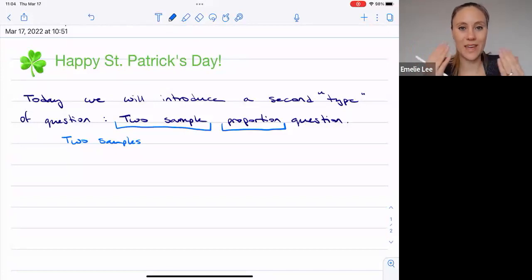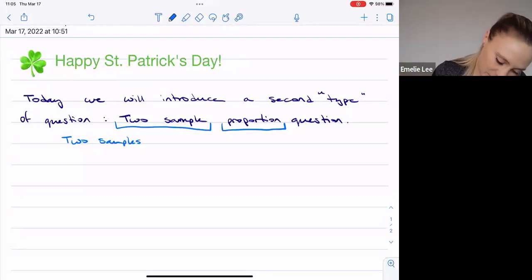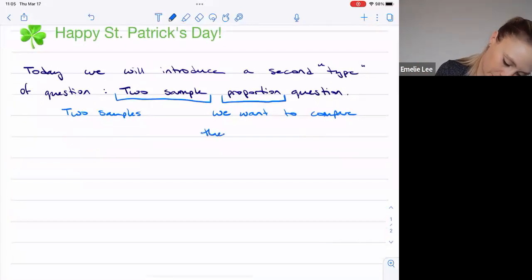And so then we have these two samples that we can compare, and we want to compare the proportion. Whereas before, we had one sample proportion that we wanted to compare to some number, right? So things are going to change a little bit, but the ideas are all there and they're all the same. So we have two samples and we want to compare their proportions.